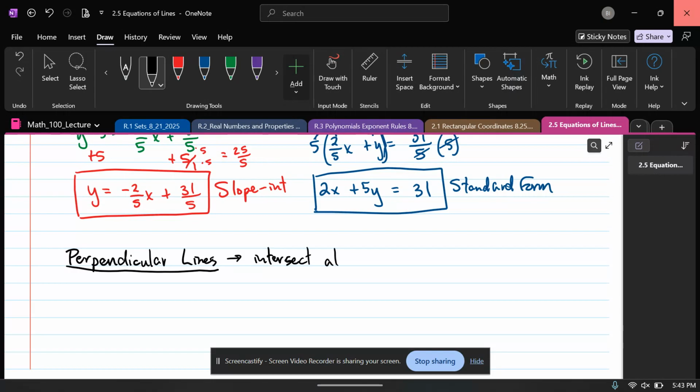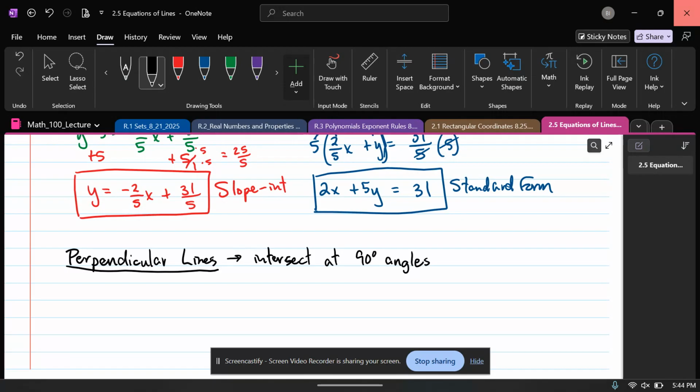At 90-degree angles. Four right angles where they intersect. Like up here in the corner of the room, this wall is probably not perfectly perpendicular, because I've never been in a building that is, but it's pretty close to 90 degrees where those two walls meet. That's perpendicular.